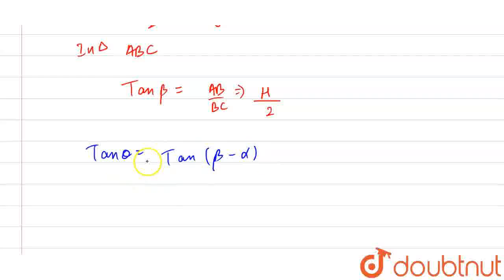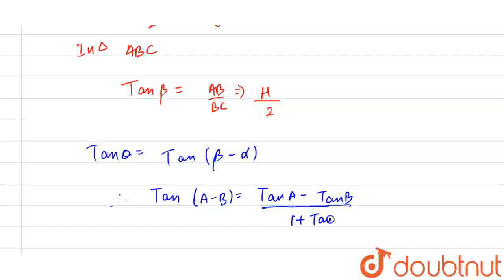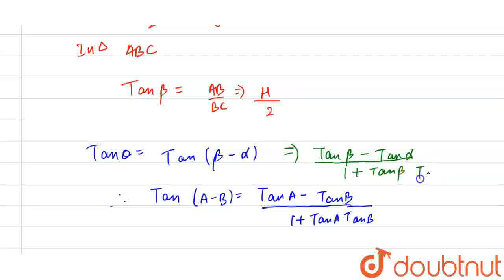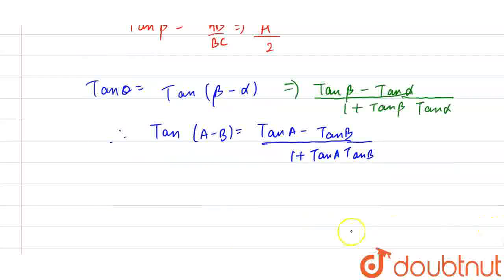The formula for tan(A minus B) is tan A minus tan B divided by 1 plus tan A tan B. Using the same formula here, tan(beta minus alpha) equals tan beta minus tan alpha divided by 1 plus tan beta tan alpha.